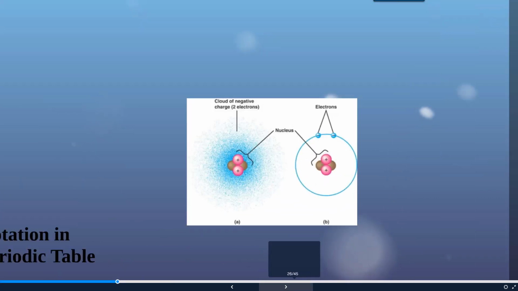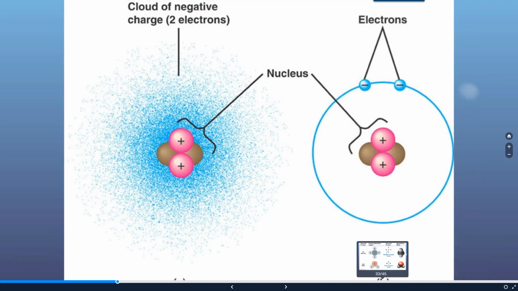Now, if we take a look at this in a different kind of figure, we note that even though electrons are represented as circulating in an orbital in any kind of figure or drawing, most times electrons really exist within a cloud of negative charge. It's a little bit of an abstract concept to think about, but those electrons don't exist within a perfect circle. They're just circulating in a cloud.